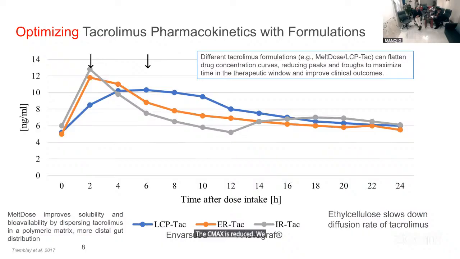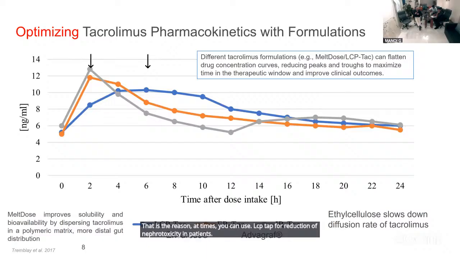We all know that the Cmax, that is C2 levels, do not correlate with rejection in tacrolimus, but the C2 max level does correlate with nephrotoxicity. And that is the reason at times you can use LCP-TAC for reduction of nephrotoxicity in patients in whom we know that this can be a cause of nephrotoxicity.